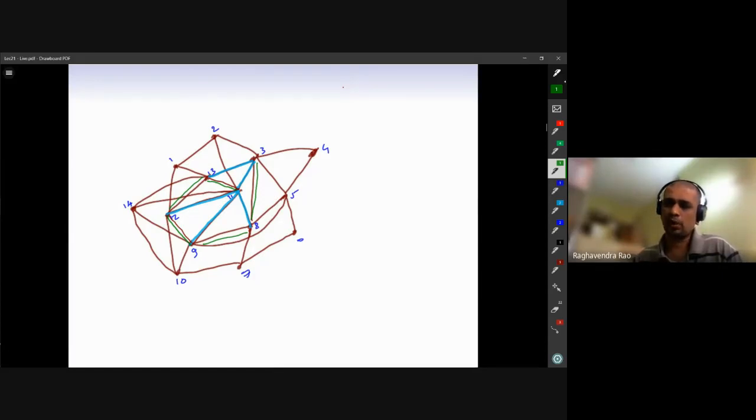I need one more. So now without creating a cycle in B, is it possible to have another edge for B in such a way that that edge also creates a cycle in A? So it's clear, right, what I'm trying to do?